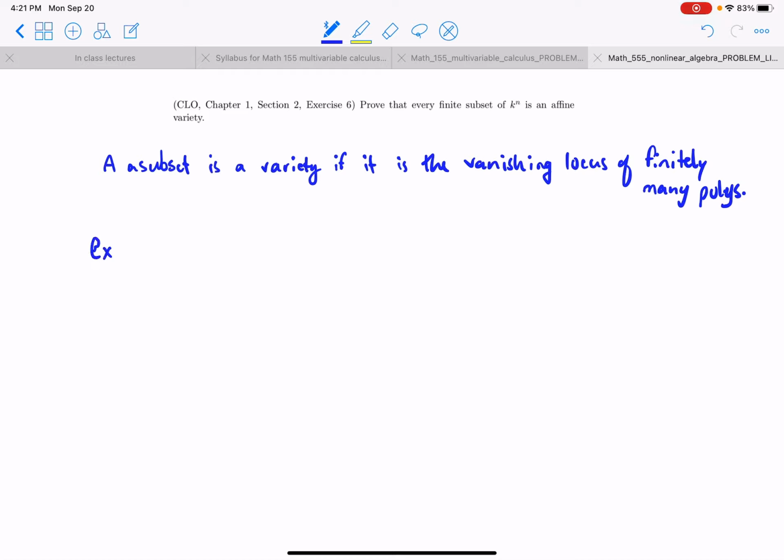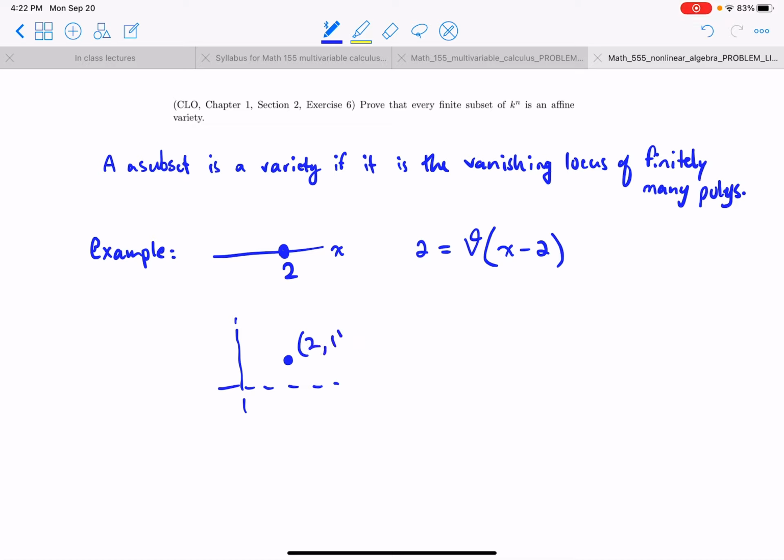So example, the point 2 on the line, 2 is the vanishing set of the polynomial x minus 2. Okay, here's another example. Let's say I'm at the point 2, 1.